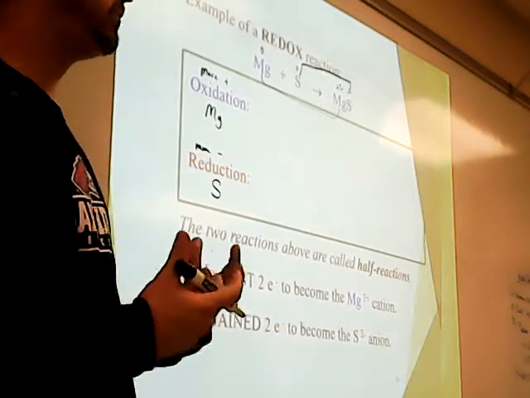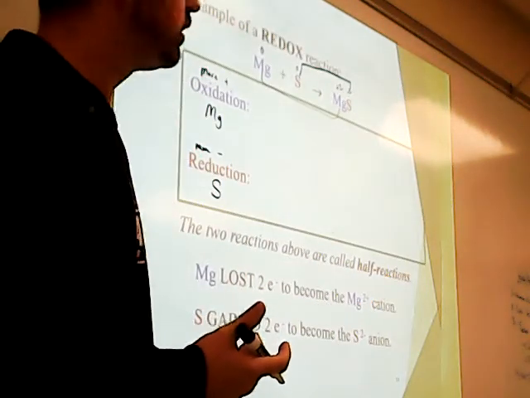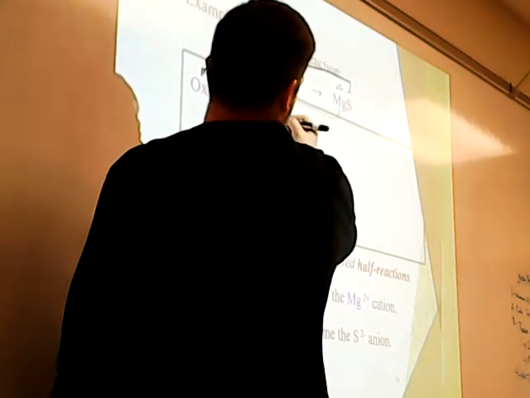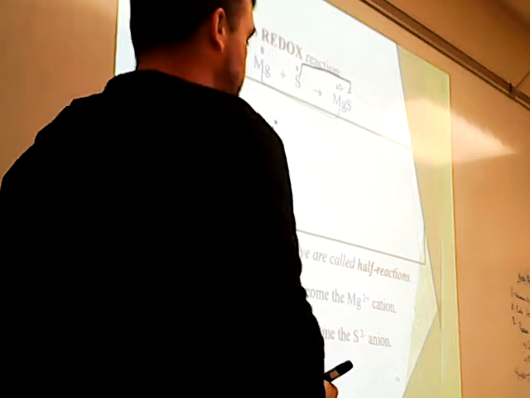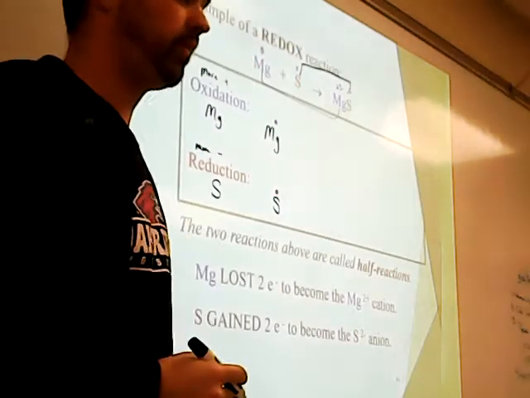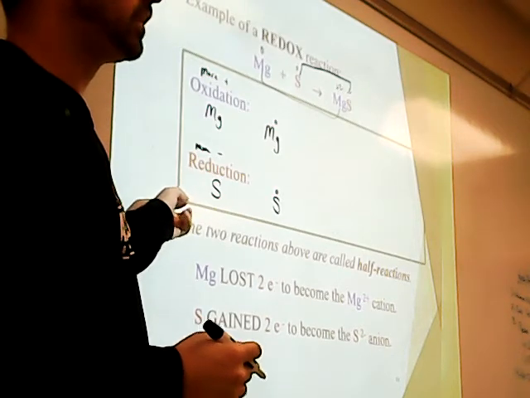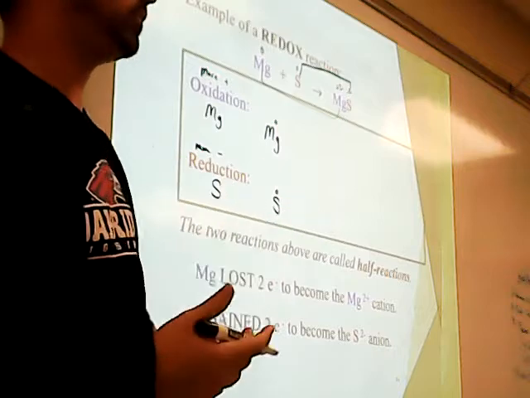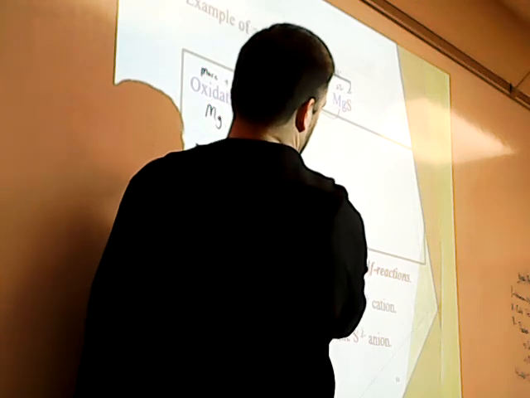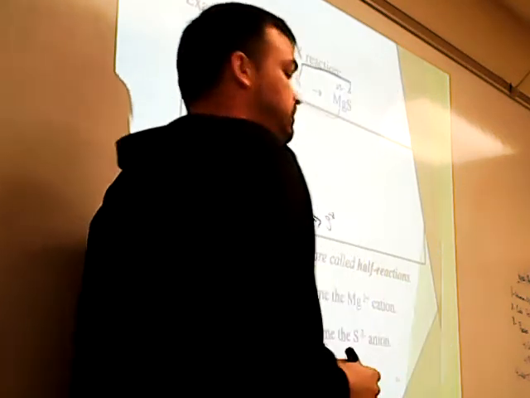Okay? The next one is, what are the half reactions for each one of these, oxidation and reduction? So what we need to do here is say, okay, magnesium starts out as 0 and sulfur starts out as 0. Correct? Reduction is the easier one to think of, and it makes more sense when we do it this way. So sulfur plus what will give me an S-2 charge?